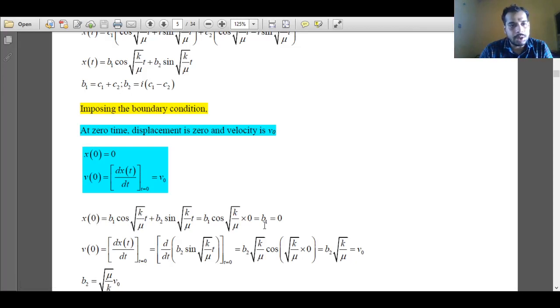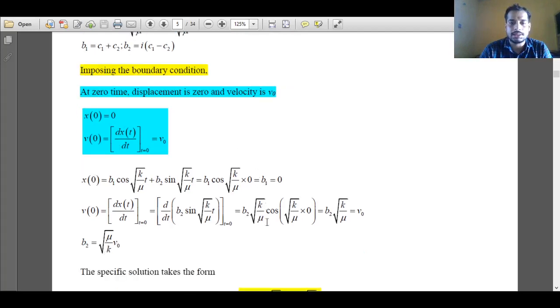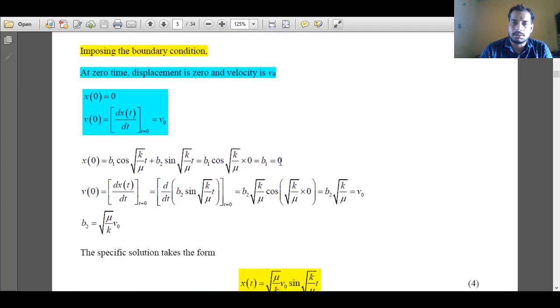But according to the boundary condition, x(0) is 0, so b1 is 0. By applying the first boundary condition, I get that b1 must be equal to 0. If b1 is not 0, then the first boundary condition will not be satisfied.